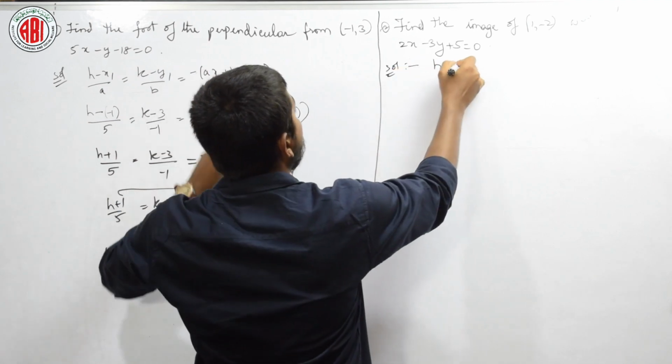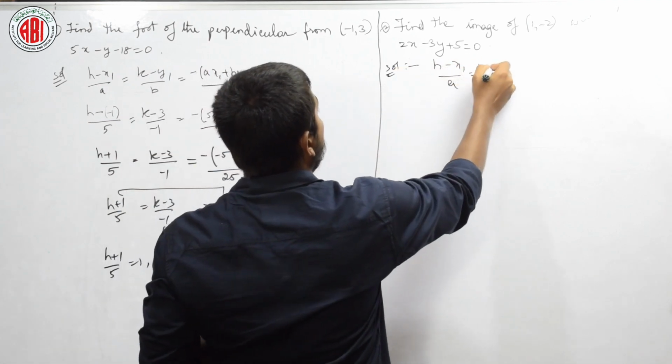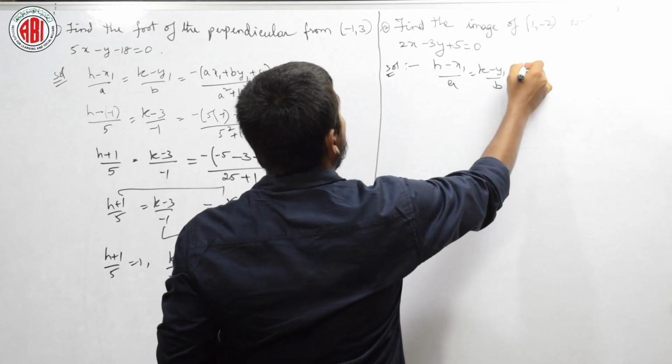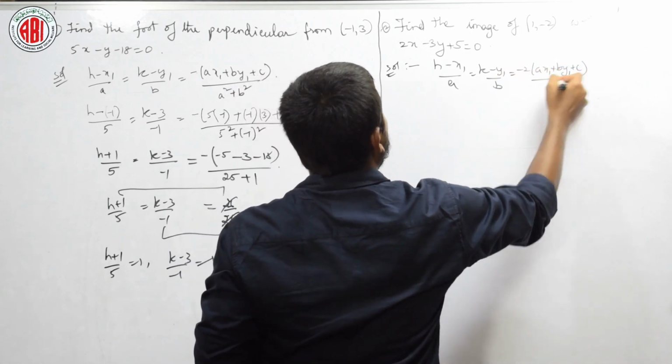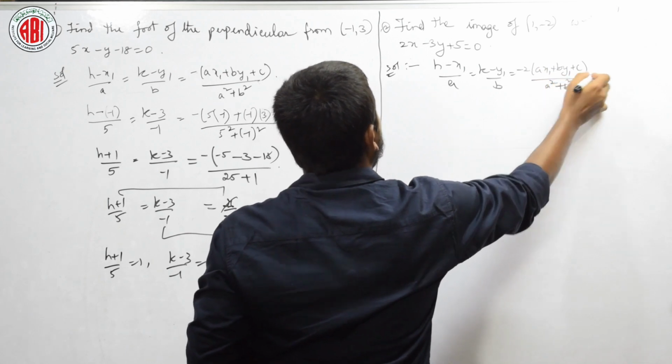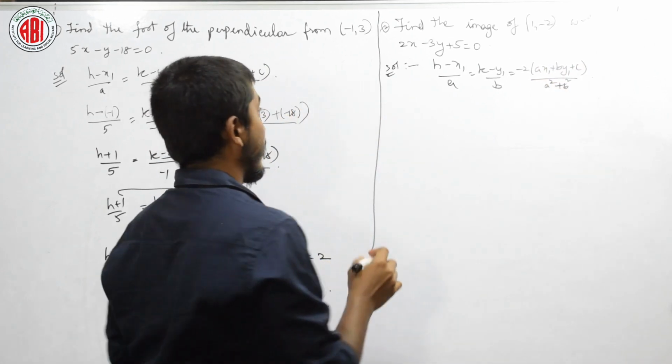Let us do that. Here h minus x1 by a equal to k minus y1 by b equal to minus 2 into a x1 plus b y1 plus c by a square plus b square. Let us substitute the values in that.